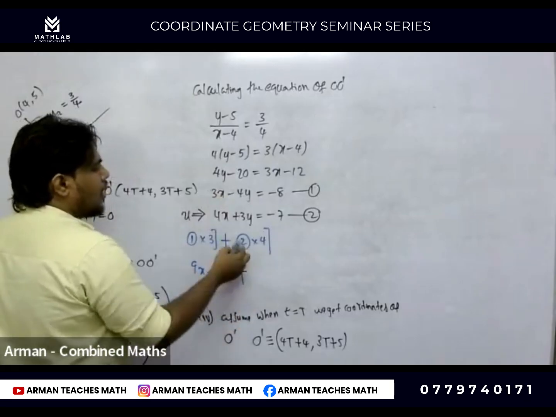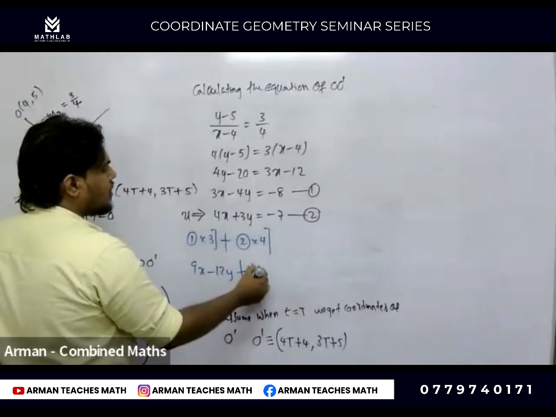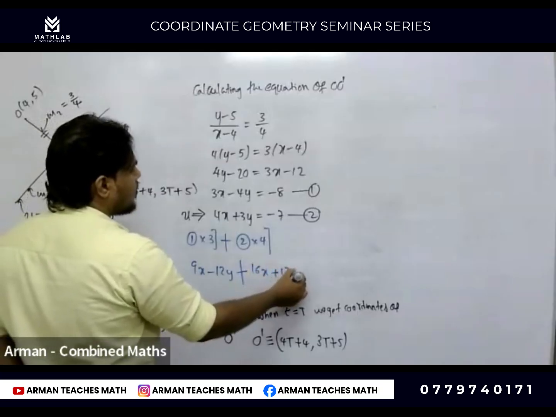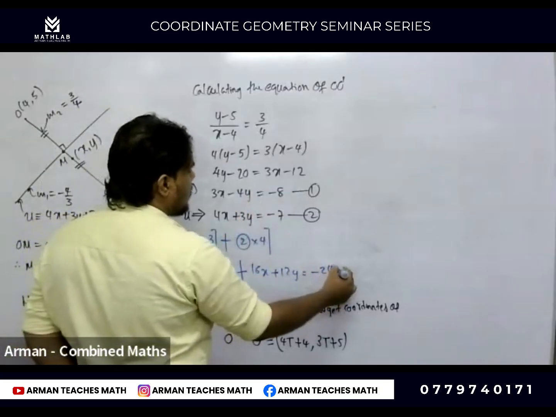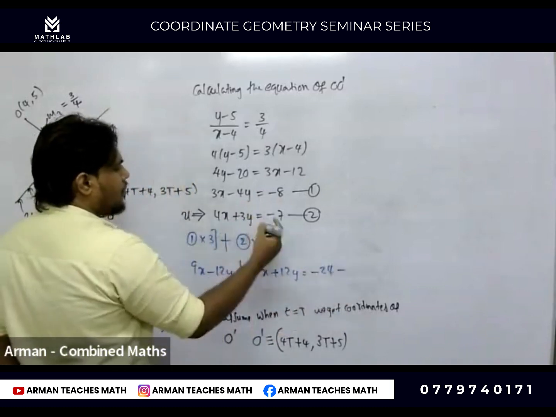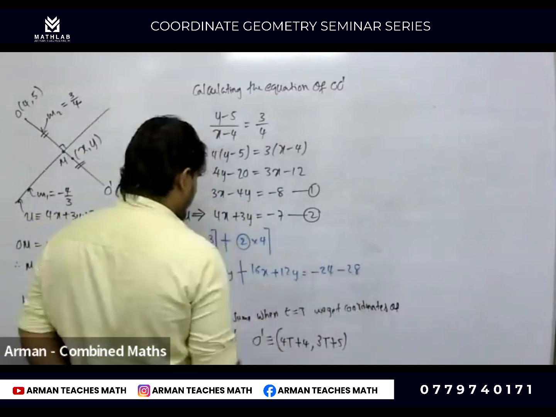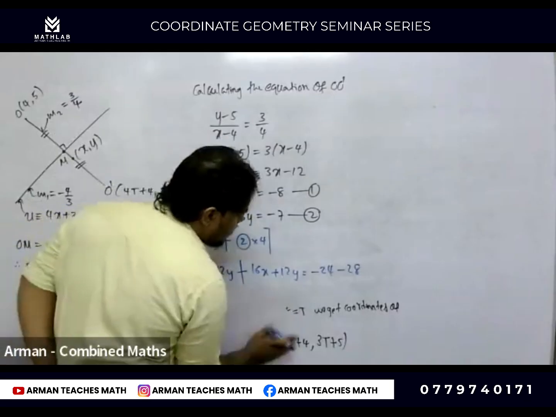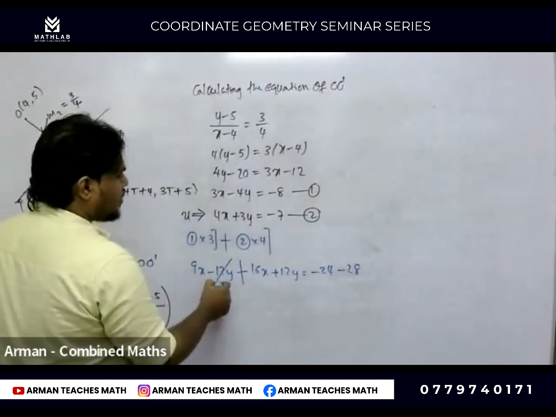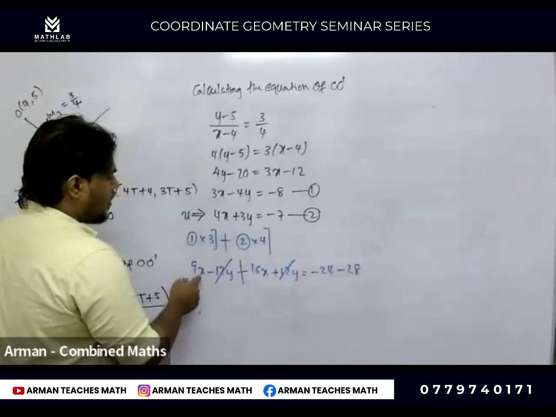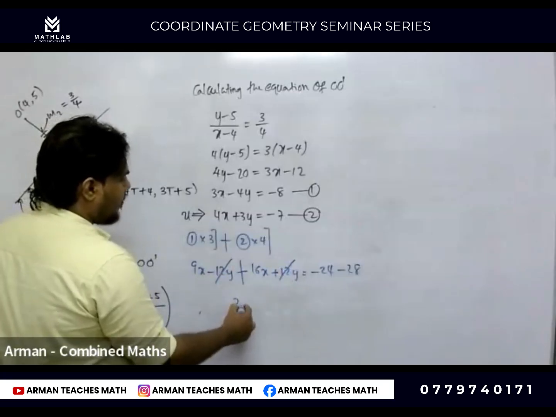Add the second equation multiplied by 4, 16x plus 12y. This equals this one multiplied by 3, minus 24, plus this one multiplied by 4, minus 28. So we get minus 12y plus 12y cancelling out, 9 plus 16 is 25y.